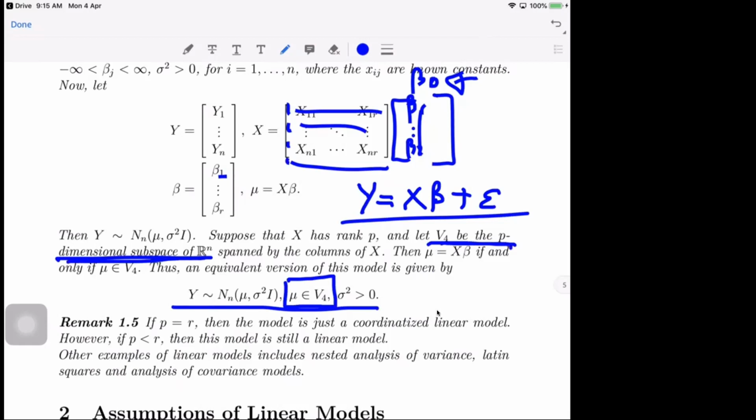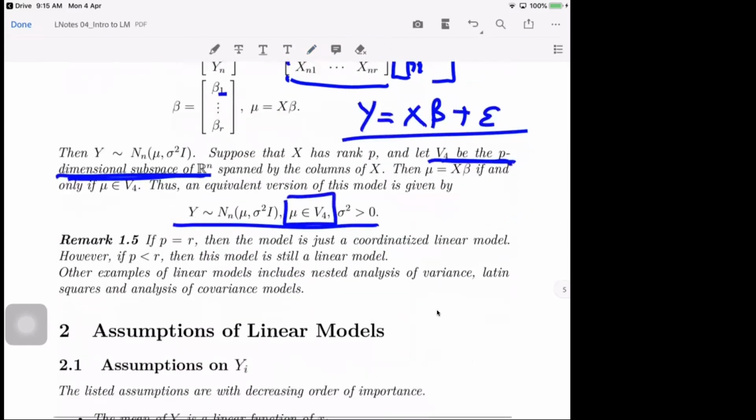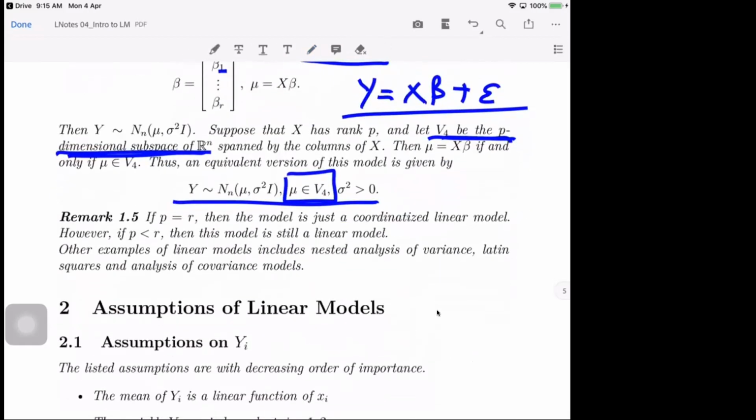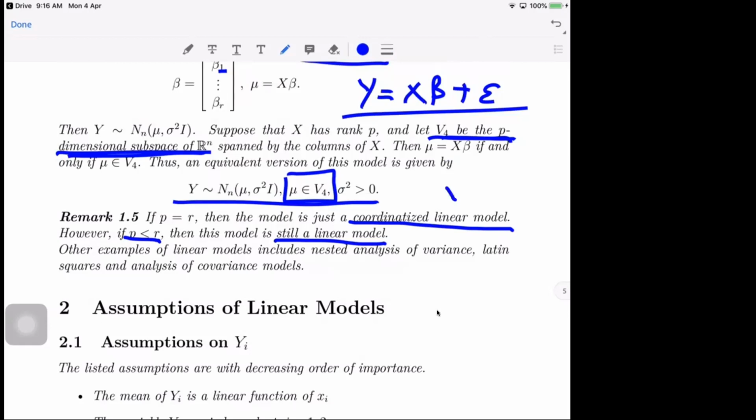So in the coordinate free version, if p is equal to r, then the model is just the coordinatized linear model. However, when p is less than r, then the model is still a linear model, but not the coordinatized version. The coordinatized version is when you define it in terms of mu is X beta, no?